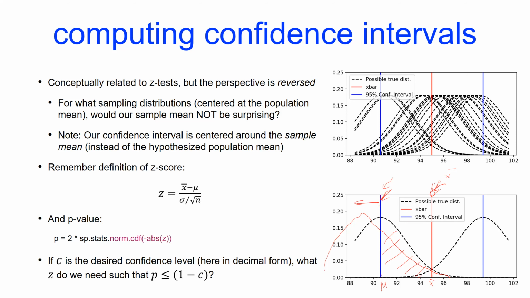So at a certain extreme case, this becomes my boundary, and I have to stop here. If I move this blue line further to the left, this guy becomes less possible. Similar for this side, it's symmetric. So this will create a lower and upper boundary of a confidence interval.